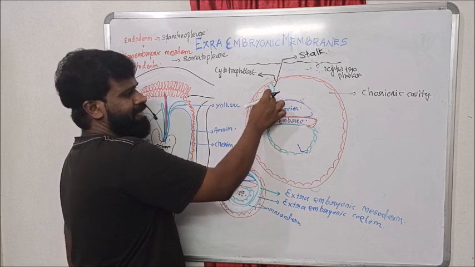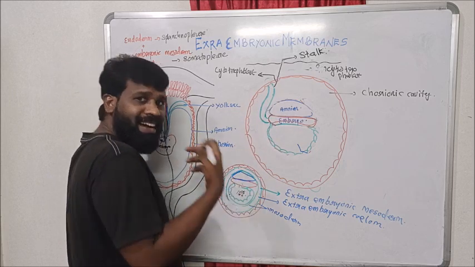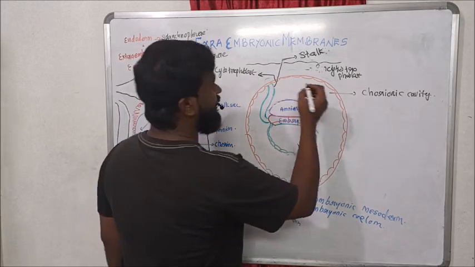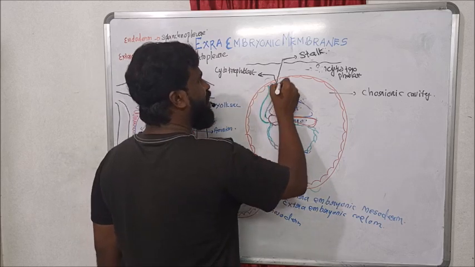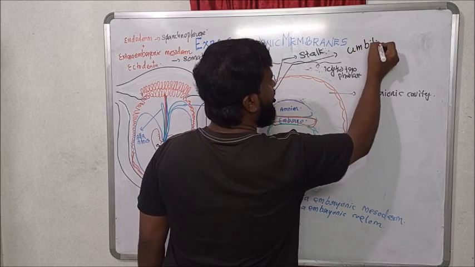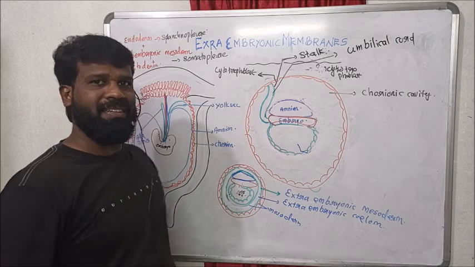This stalk eventually develops the vessels involved in the umbilical cord. We will discuss the umbilical cord later.